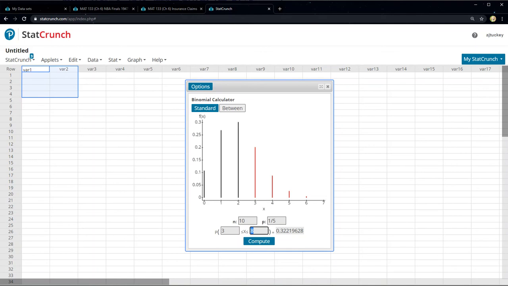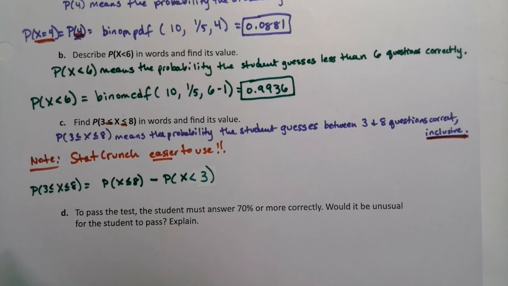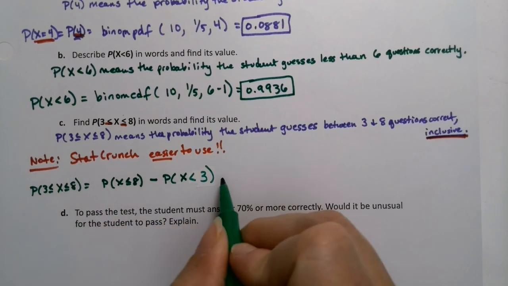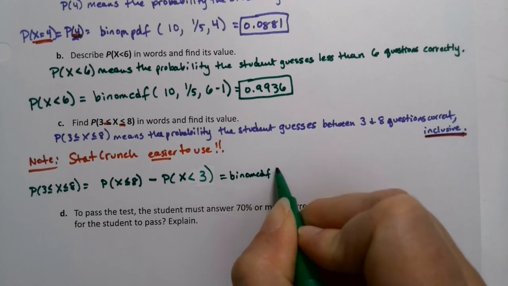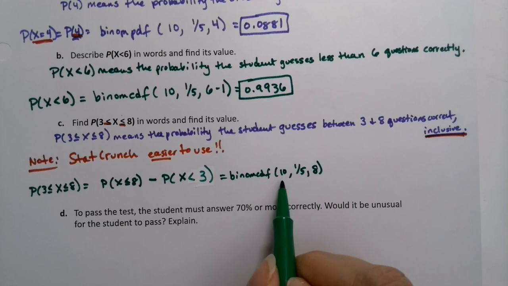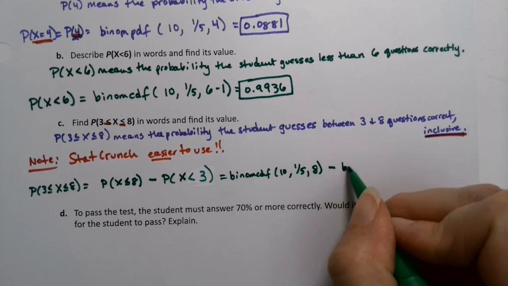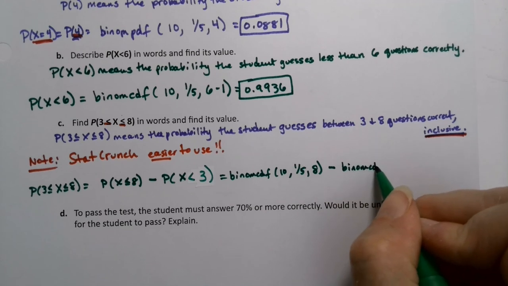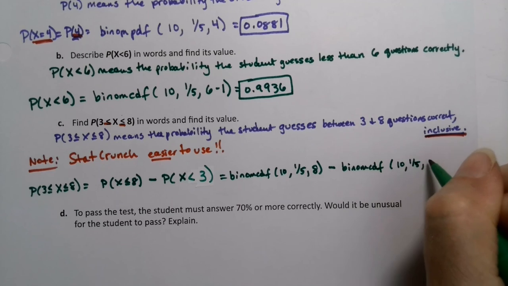So it's going to add all the way from 0 to 8 for the first one. So this one would be, I'll have to write it over here, binomcdf 10, 1/5, 8. That starts at 0 and adds all the way up to 8. And then I want to subtract away binomcdf 10, 1/5, 2.